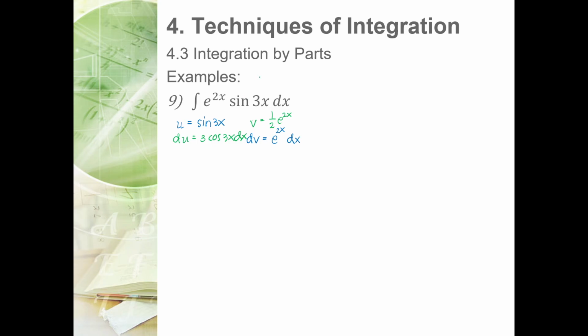Of course, from the formula. If you have sine au, this is cosine au times a. Okay, so for those of you who have forgotten why there's a 3 in the derivative of sine 3x.